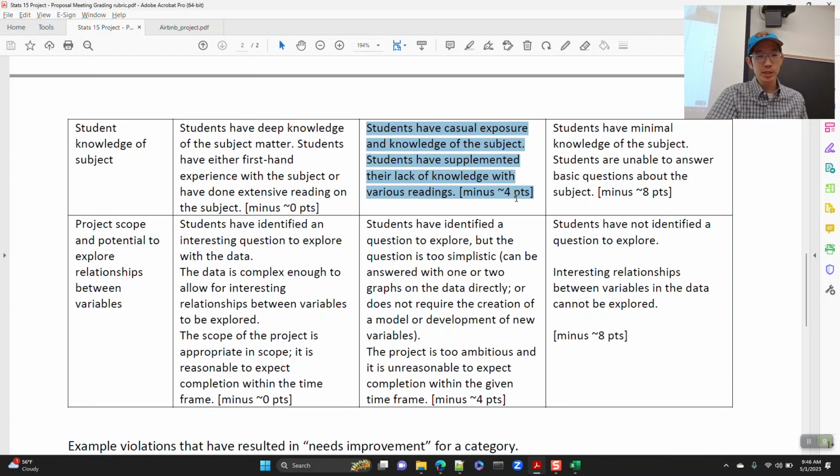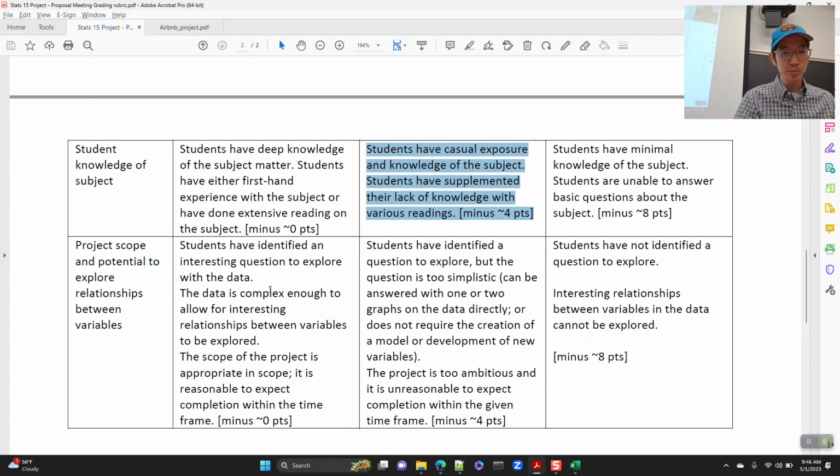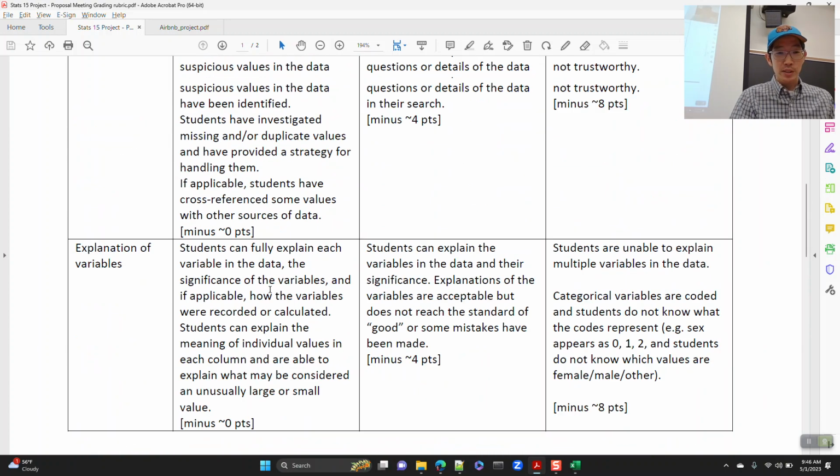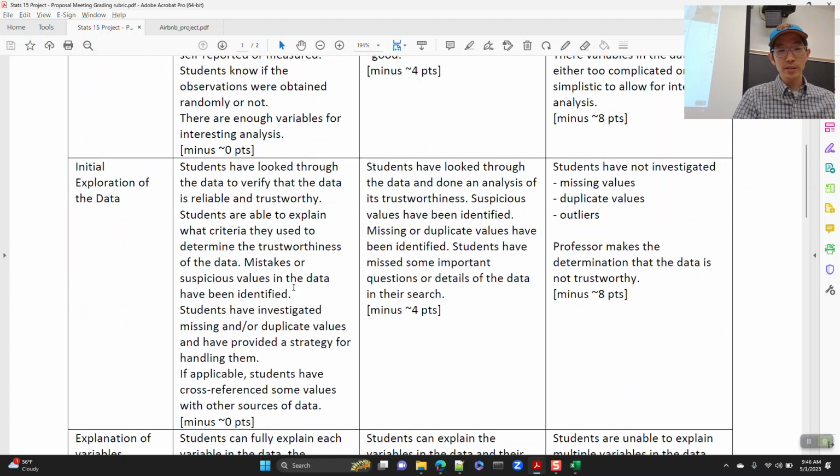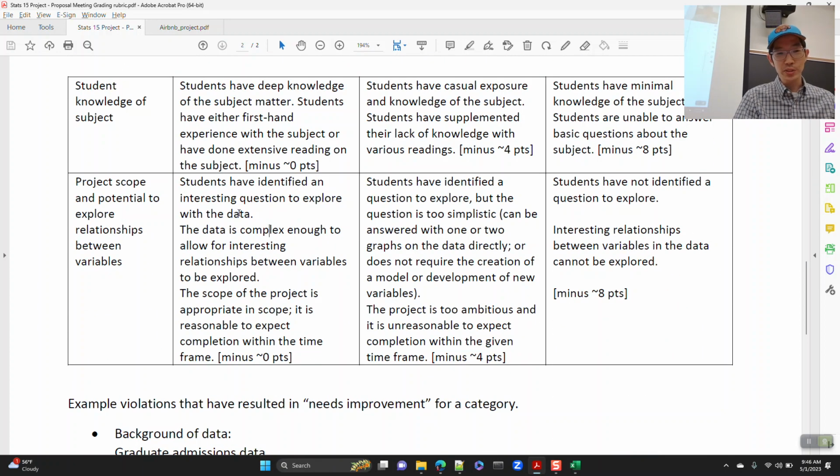And again, potential scope and potential to explore relationships. So I guess it kind of goes along with background data. There are enough interesting variables, or the data is complex enough that interesting relationships between variables can be explored.